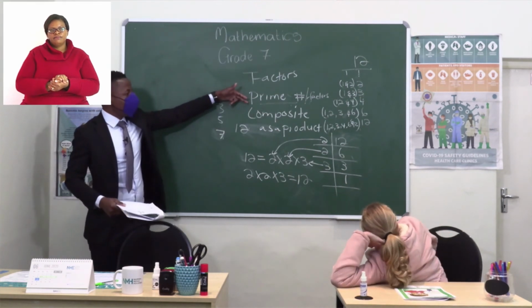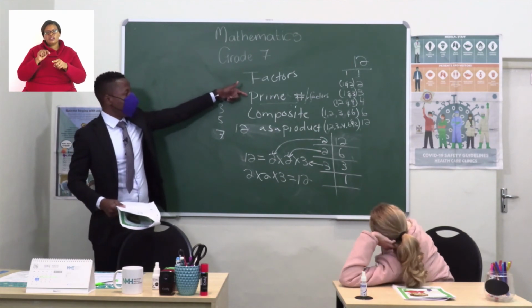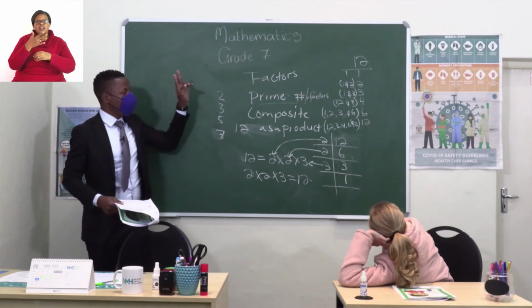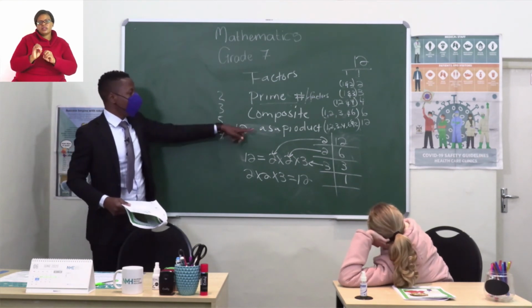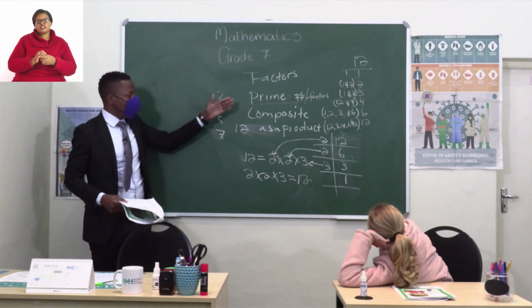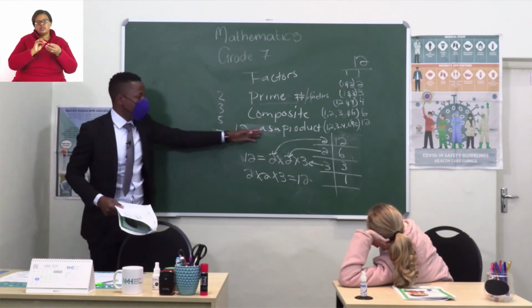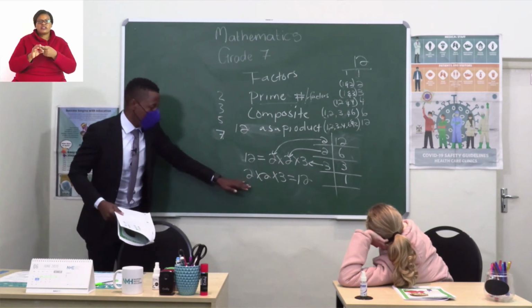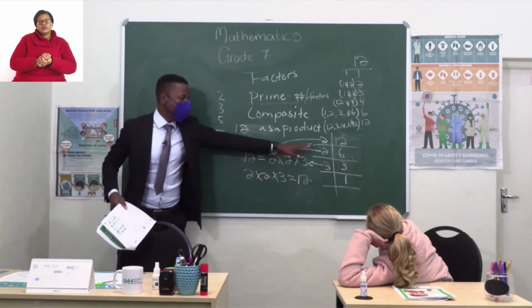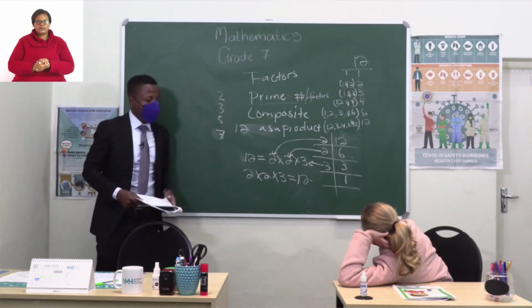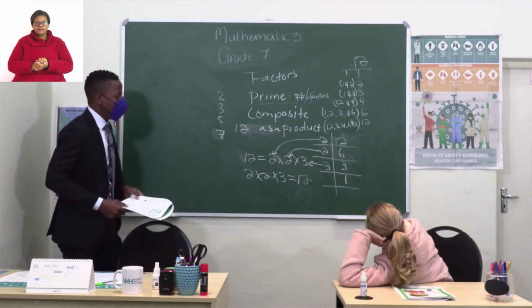Factors are numbers that go into a number without leaving a remainder. A prime number, a prime factor, has 2 factors, one and itself. A composite number is a number with more than 2 factors. Writing as a product of its prime factors, you do it this way, but you need to show your work on how you get to the answer.